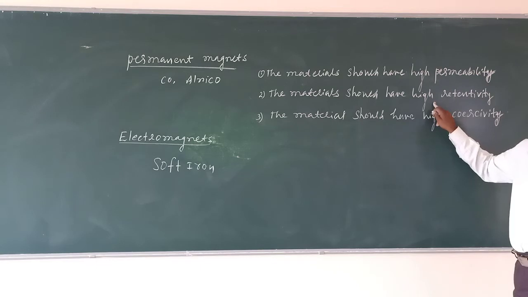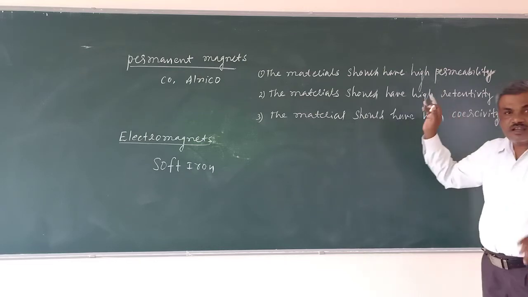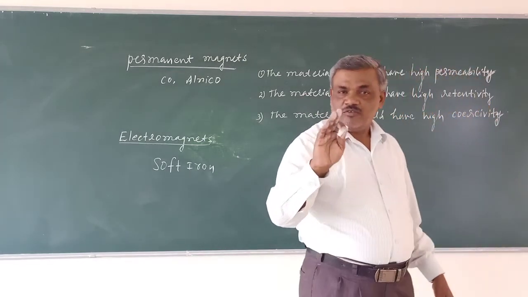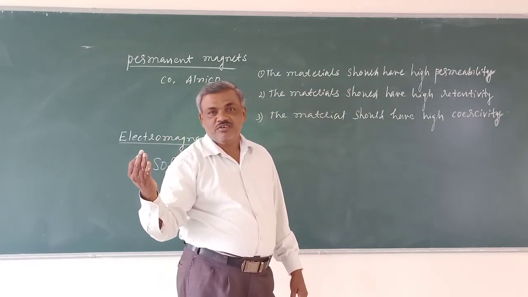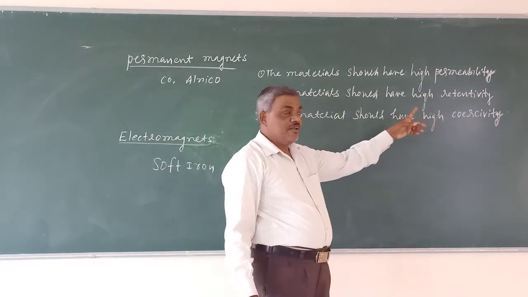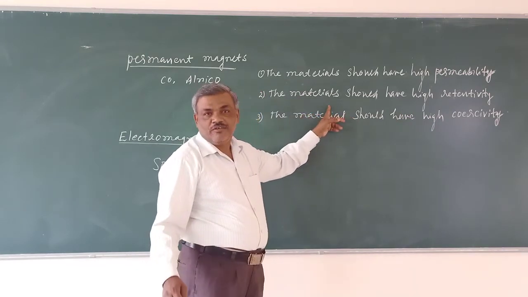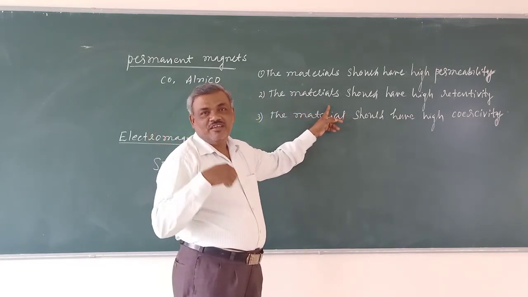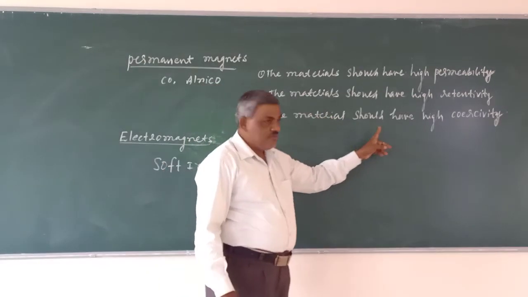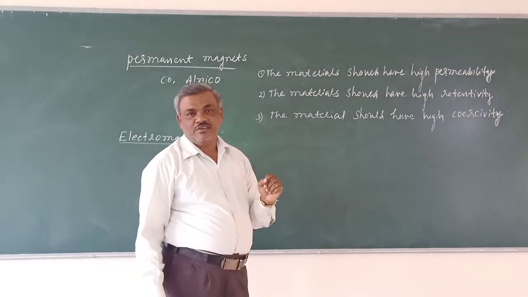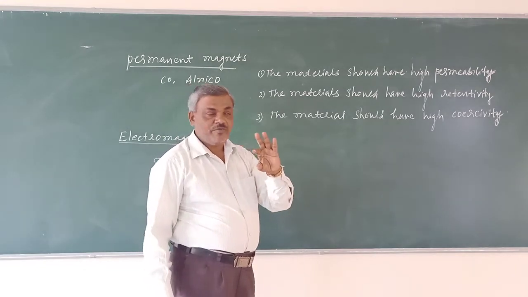Retentivity is the property of a ferromagnetic material, the magnetic induction left within the specimen when the magnetic field intensity is reduced to 0. Point three: the material should have high coercivity.